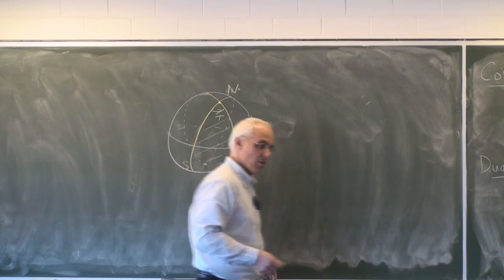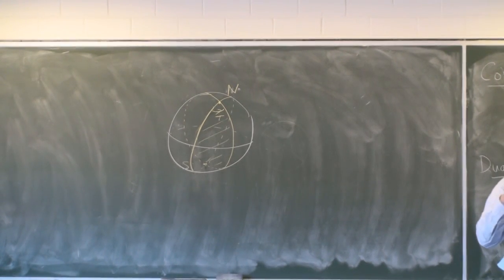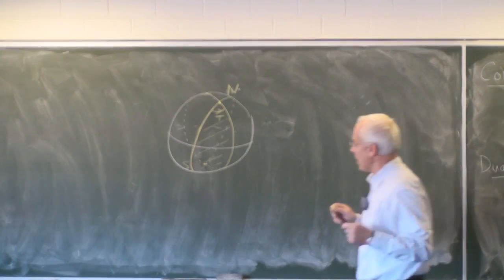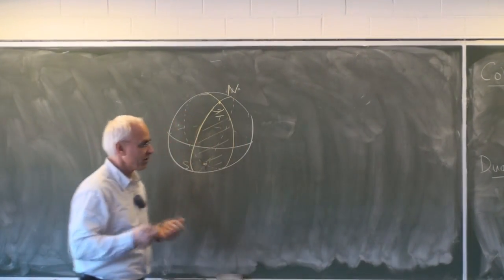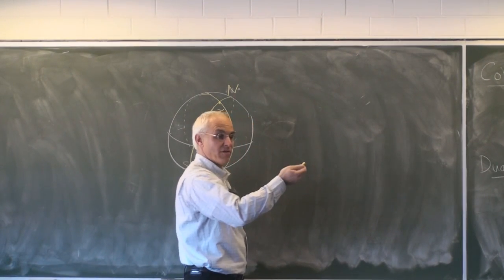Now the question is, how should we normalize the whole sphere? Because we don't want always to talk about ratios, we want to talk about numbers. So we need to normalize the total spherical displacement of the sphere. And we have to make a convention.